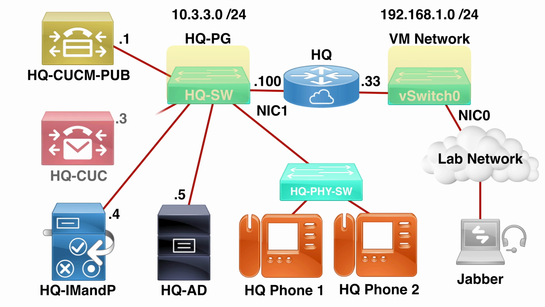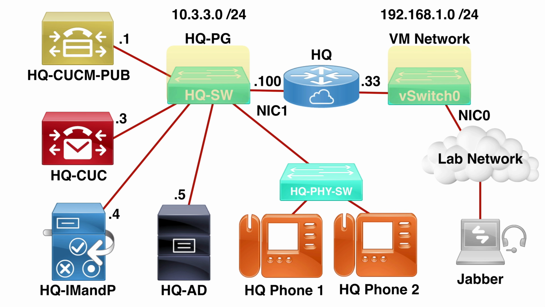What we want to do in this video is add a Cisco Unity Connection, or a CUC server. You can see from the topology that it's going to have an IP address of 10.3.3.3. The goal at the end of this video is that these two HQ phones, HQ Phone 1 and HQ Phone 2, each have a voice mailbox on this Unity Connection server, and we want one phone to call the other one.